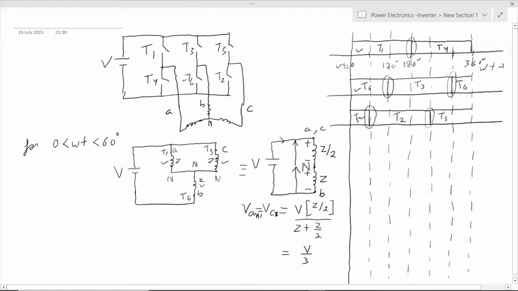So what will be VBN or VNB? Let me say VNB. VNB will be equal to V into Z divided by Z plus Z by 2. So it will come out to be 2V by 3.